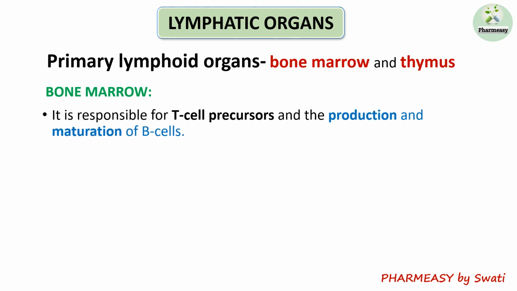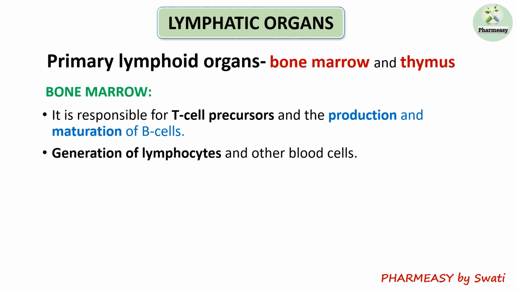It is responsible for T cell precursor production, and the production and maturation of B cells. These T cells and B cells are responsible for immune system. It also plays a vital role in production of lymphocytes and other blood cells.